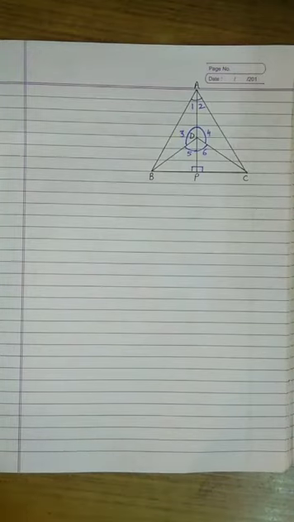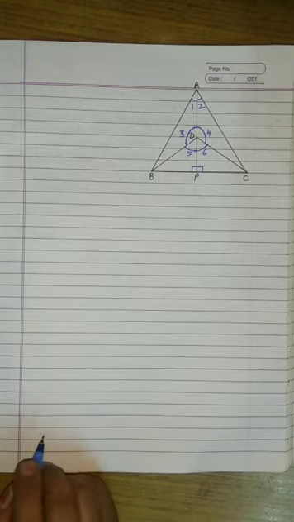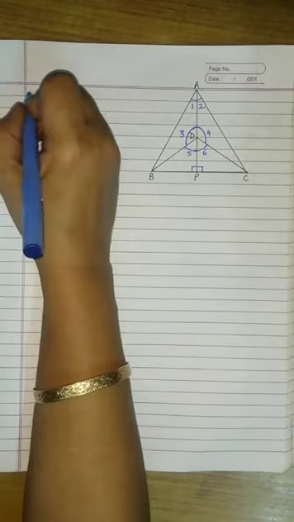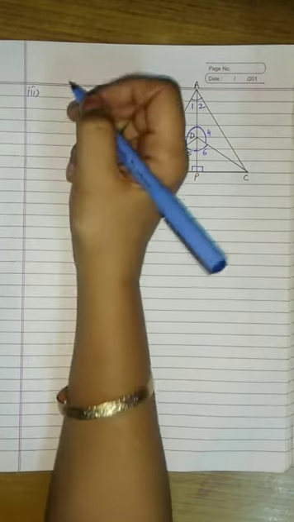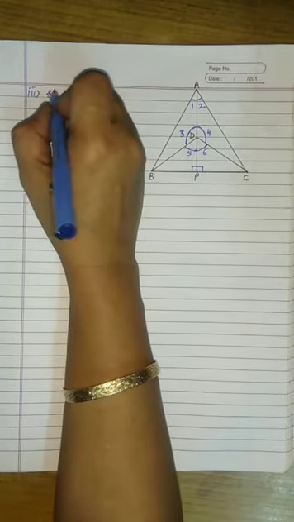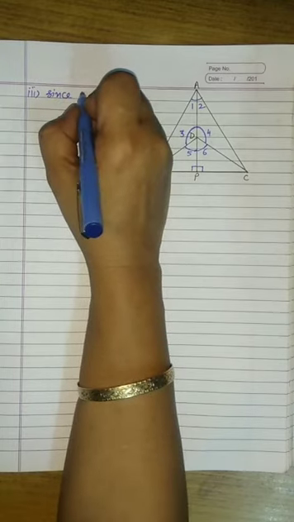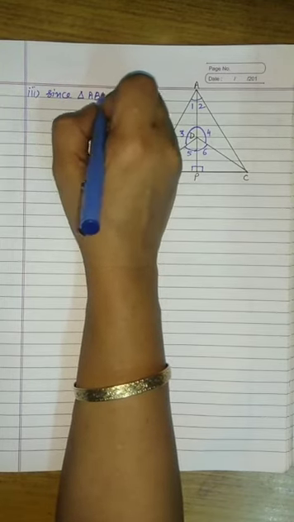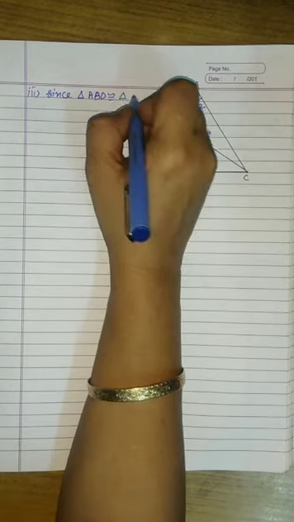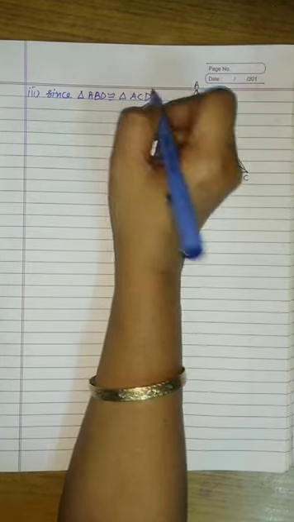Yes students, in part 3 what do we have to prove? That AP bisects angle A as well as angle D. Now in the third part, see, in the first part we have proved that triangle ABD is congruent to triangle ACD.